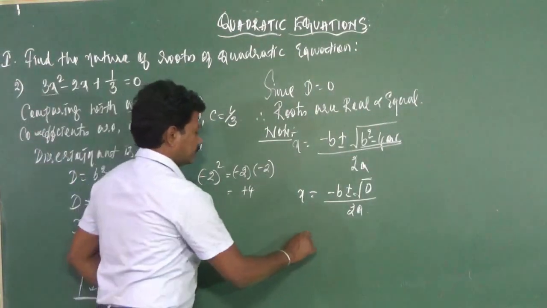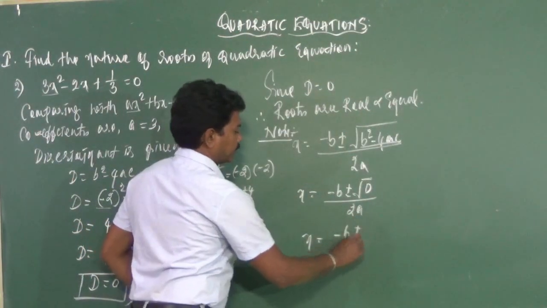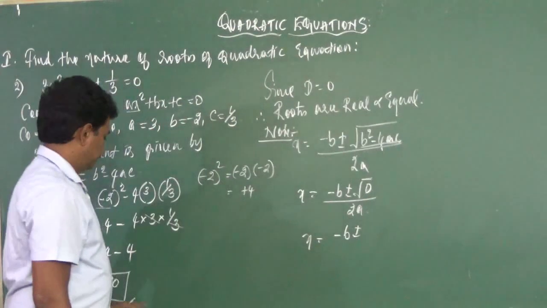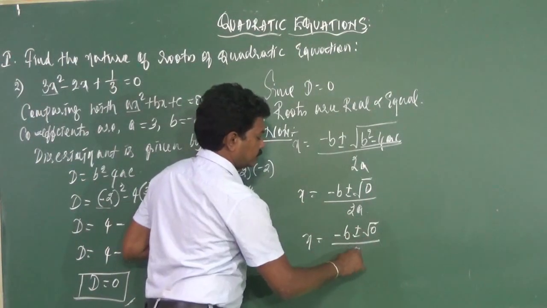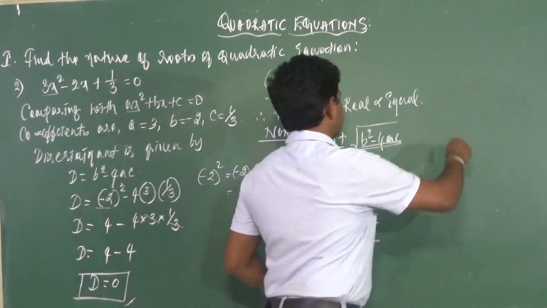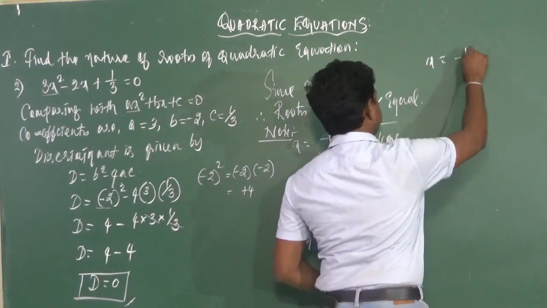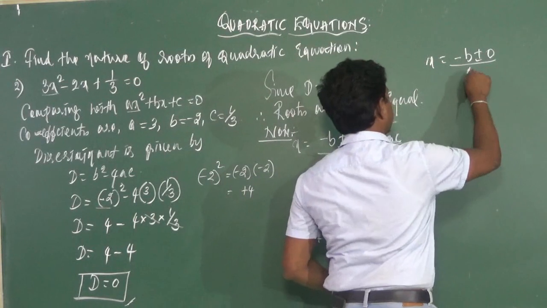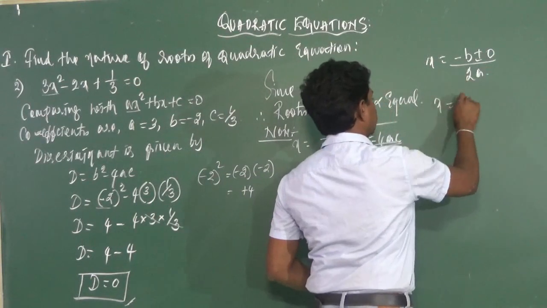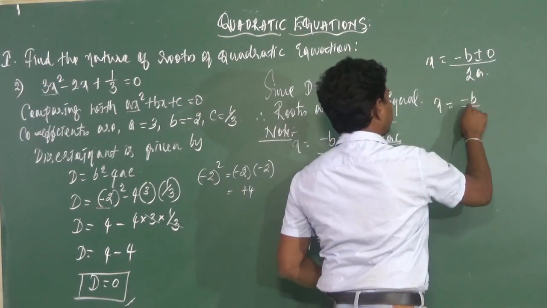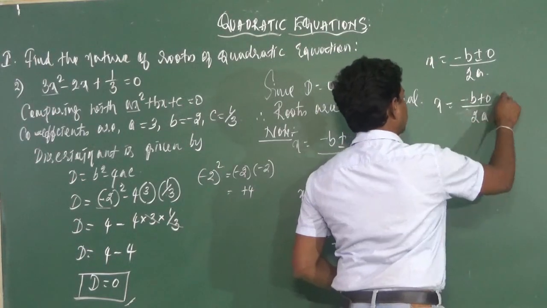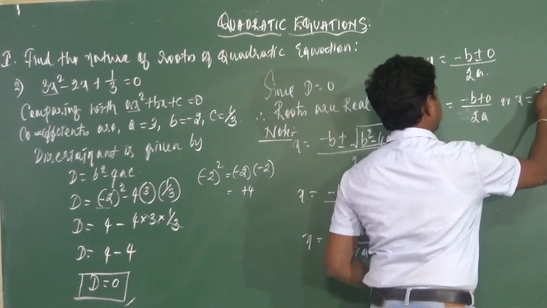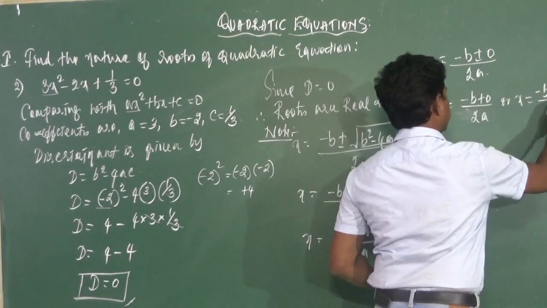So x is equal to minus b plus or minus, what is the value of the discriminant you have got? 0. So let us substitute square root of 0 by 2a. So x is equal to minus b plus or minus 0 by 2a. So x is equal to minus b plus 0 by 2a, or x is equal to minus b minus 0 by 2a.